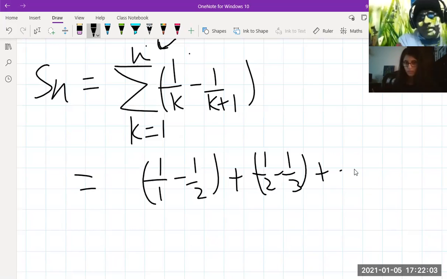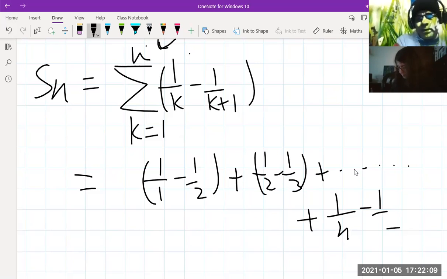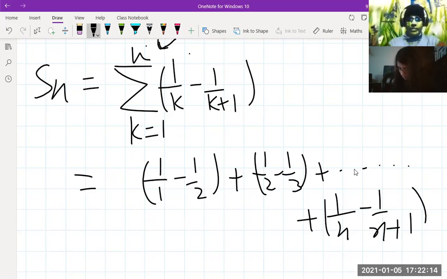It will go till 1 upon n minus 1 upon n plus 1. So that's how we write it. We have just expanded it, with k equals to 1 to n, nothing else.